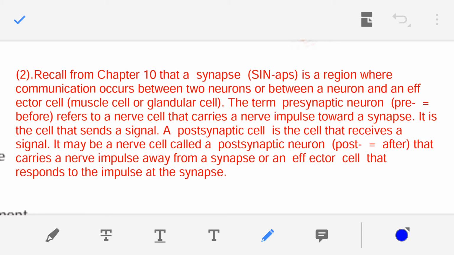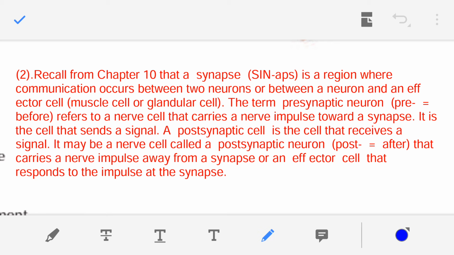A synapse is generally present between two neurons, but not only between neurons. It can also be present between the neuron and the effector cell, which is the muscle cell or the glandular cell. So synapses are present between neurons or between a neuron and an effector cell.